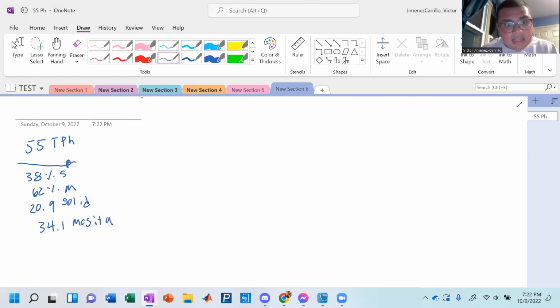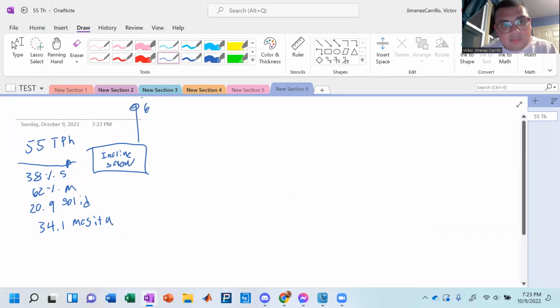They go through an incline screw, where 67% of moisture is removed, and the rest of the solids come out.